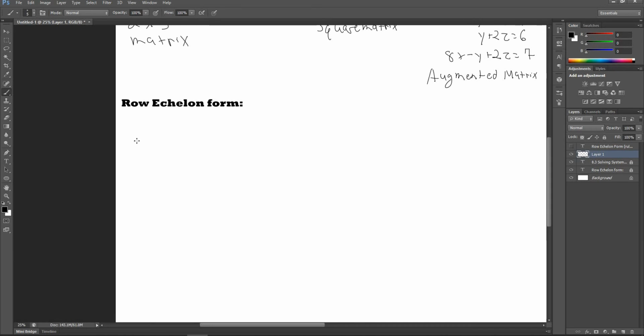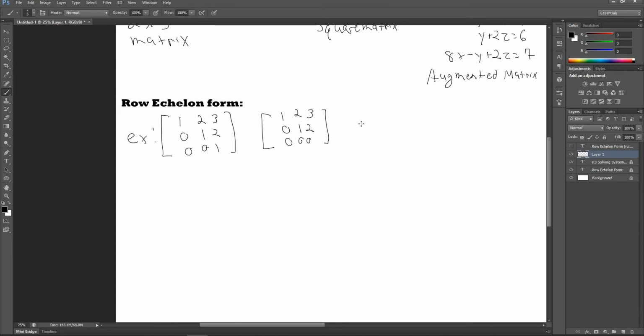So an example would be, I just use 1, 2, 3 as a quick writing convention for myself. So 0, 1, 2, 0, 0, 1. So this is an example of row echelon form. 1, 2, 3, 0, 1, 2, 0, 0, 0.